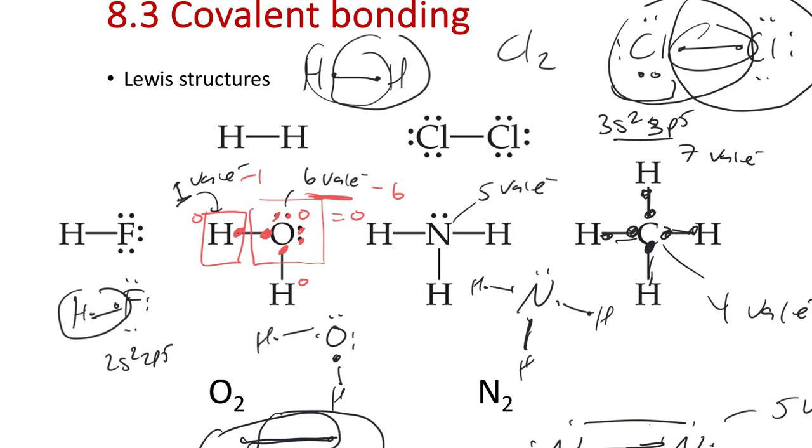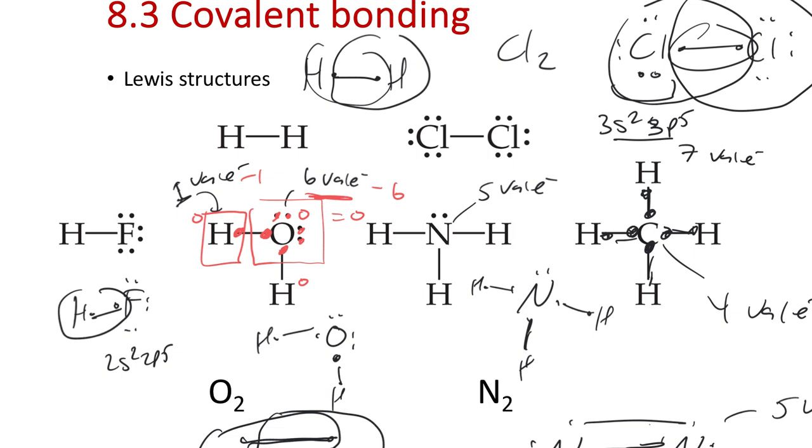Something you're going to see a lot, not in all compounds, but in the really stable compounds, is that you almost always have 0 formal charges across all the atoms, especially when the molecule is uncharged. You're going to see this a lot for things like NH3.